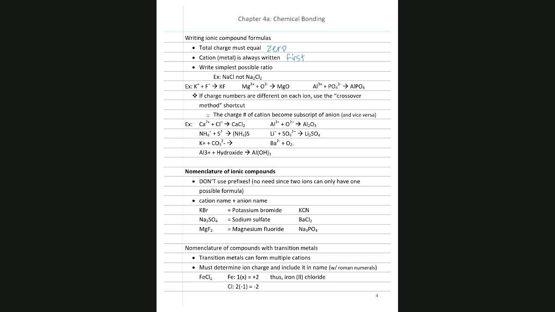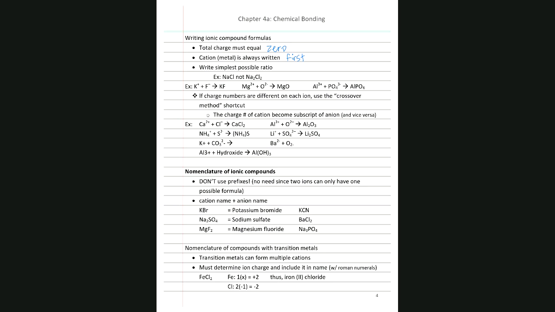So when you're identifying if something is an ionic compound or a covalent compound, if that first element is a metal, you don't have to look at the second one. If the first element's a metal, then you know for sure that it is an ionic compound. The other rule is you always want to write it in the simplest possible ratio.